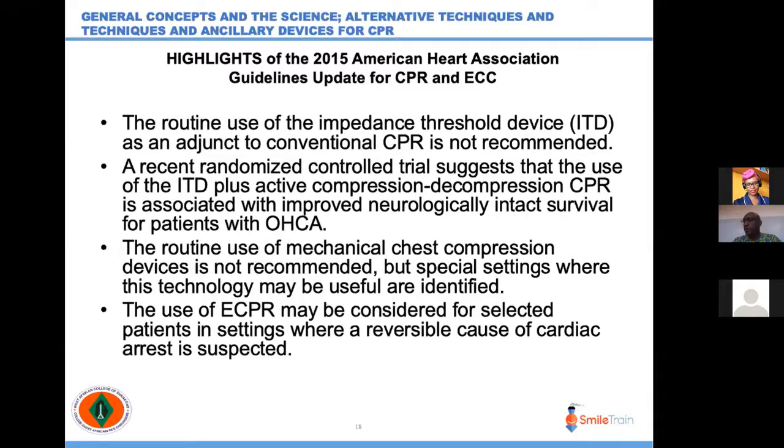The routine use of mechanical chest compression devices is not recommended. Again, we need to underline the word routine use. But special settings, as I have said earlier on, where this technology may be useful can be identified. The use of eCPR may be considered for selected patients in settings where a reversible cause of cardiac arrest is suspected, especially in children, where cardiac arrest is usually asphyxial.